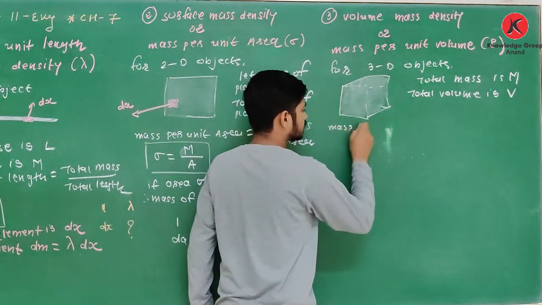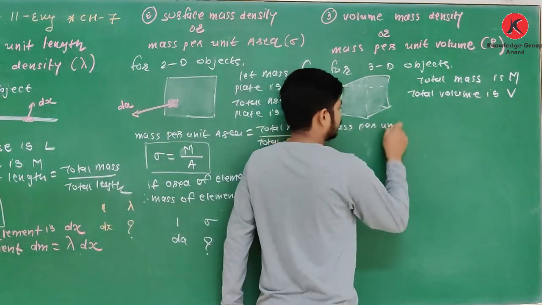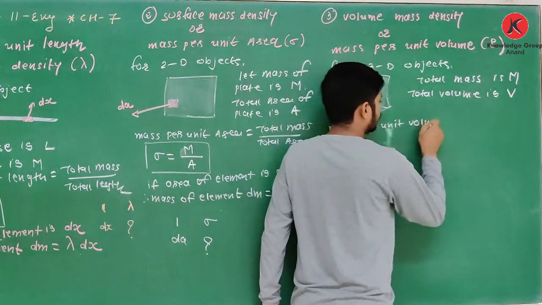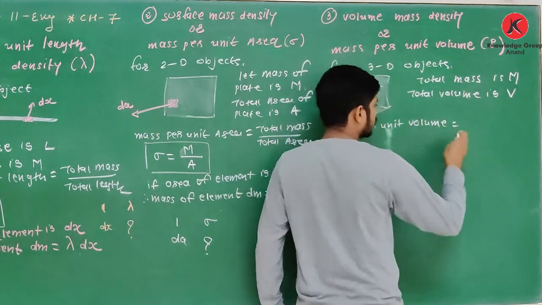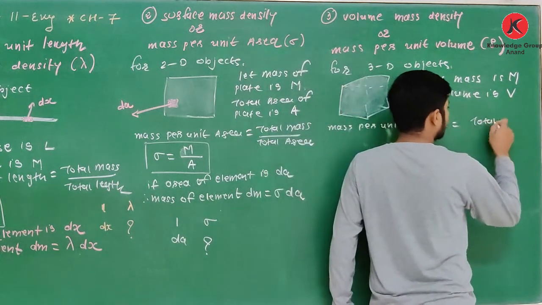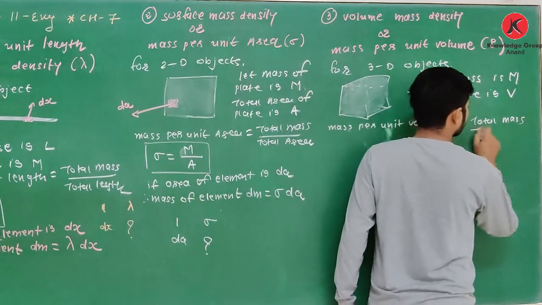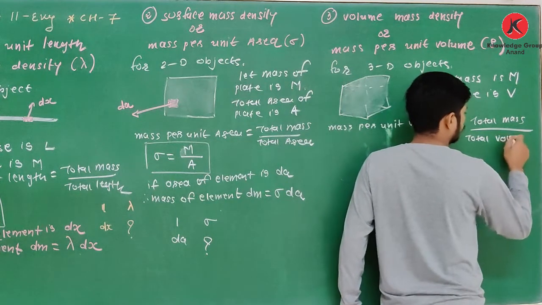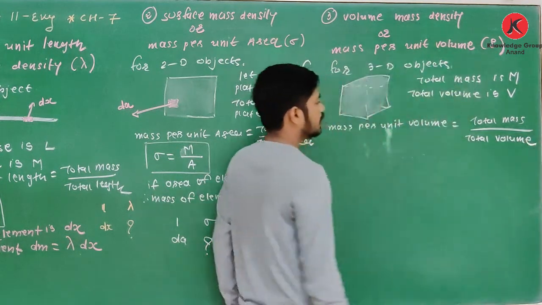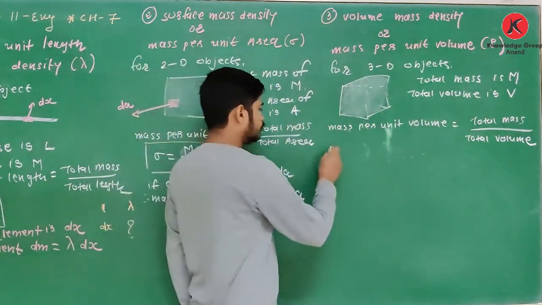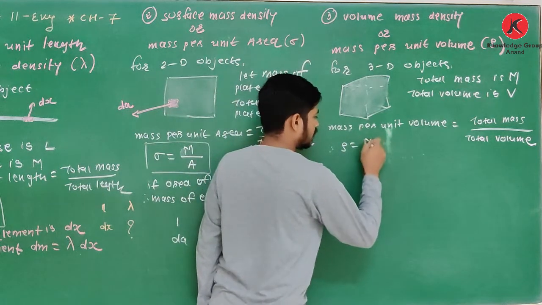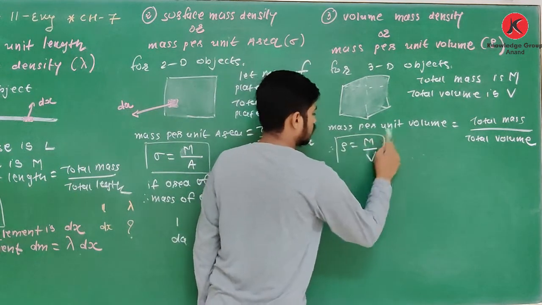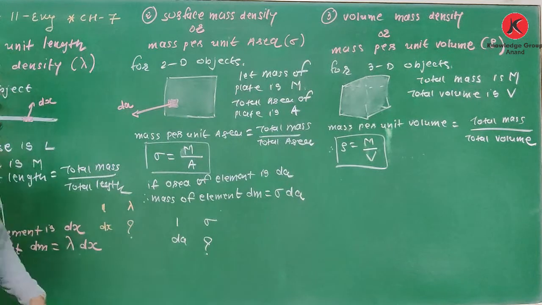Mass per unit volume is equal to total mass per total volume. Simple. So you know that equation, rho is equal to mass per unit volume.